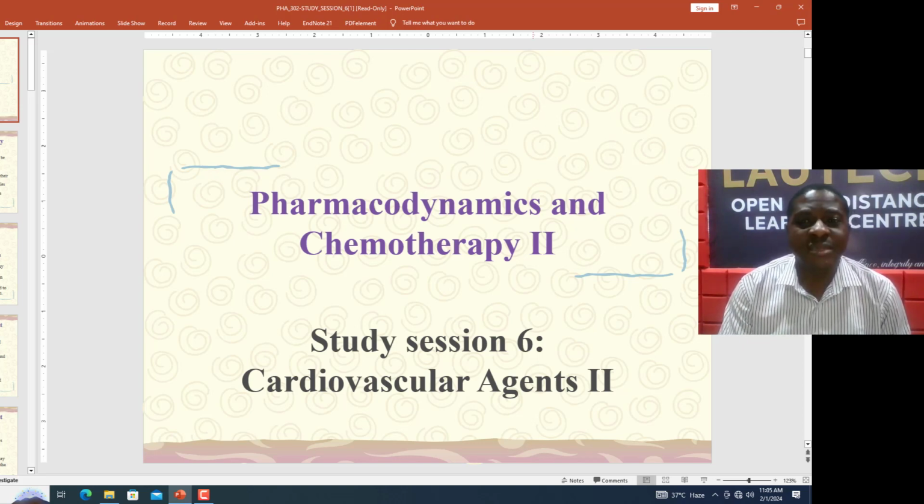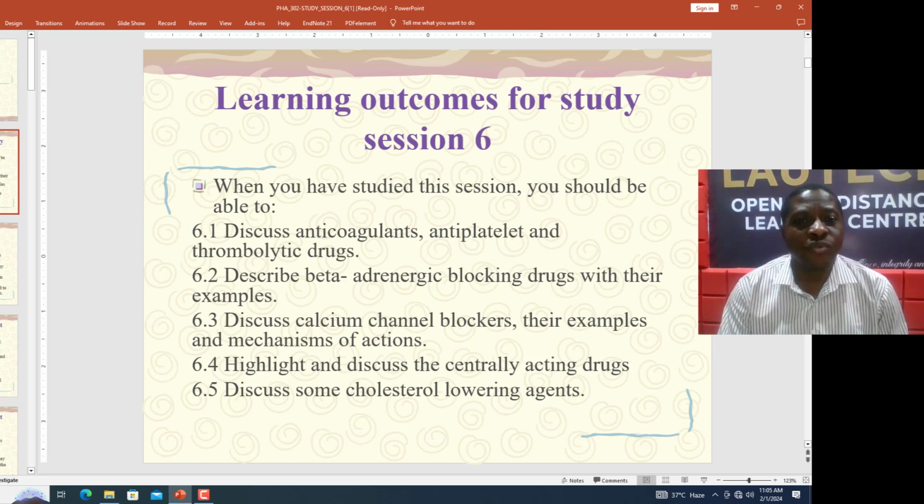In conclusion, in summary, we've been able to look at the categories of cardiovascular agents, and among these groups are the anticoagulant, antiplatelet, and thrombolytic drugs.